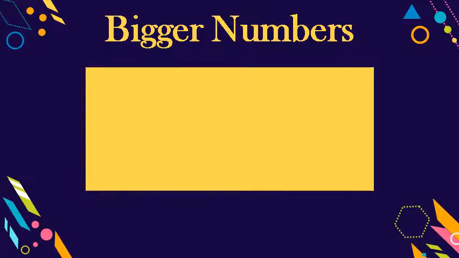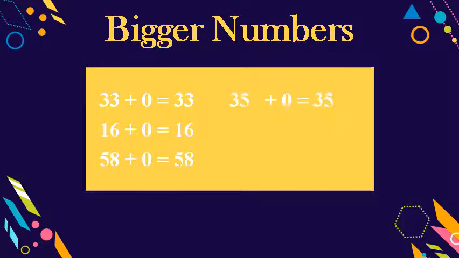For example, for bigger numbers, we can write 33 plus 0 equals 33, 16 plus 0 equals 16, 58 plus 0 equals 58, 35 plus 0 equals 35, 100 plus 0 equals 100, 365 plus 0 equals 365.